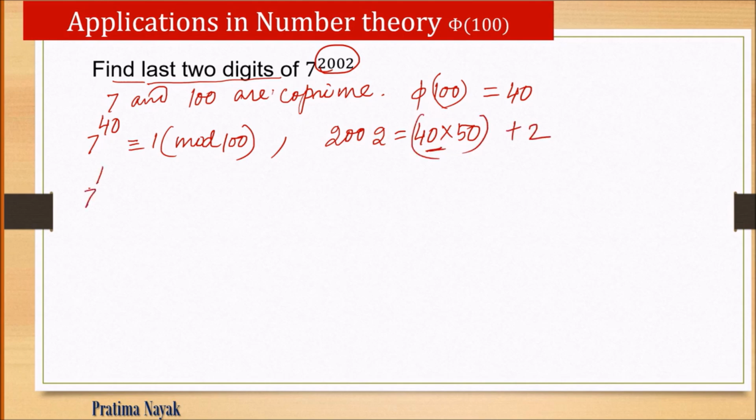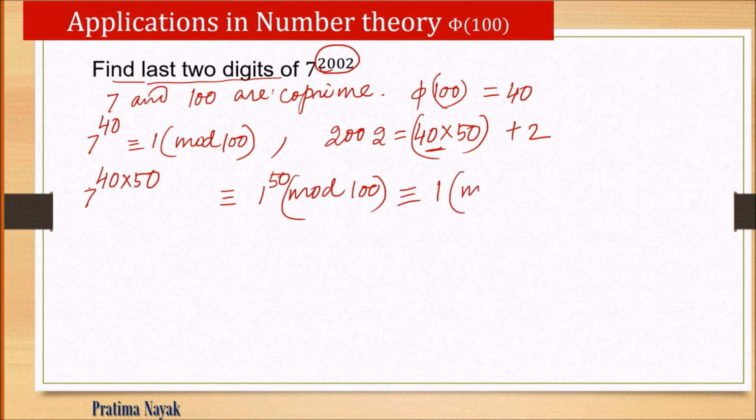So 7 power 40, whole power 50, times 7 power 2 is congruent to 1 power 50 modulo 100, which is the same as 1 modulo 100.